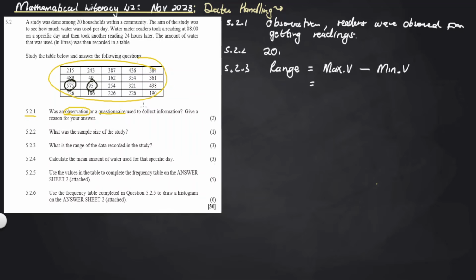Is there another 2-digit? Okay, just above 95, there's a 49, so it's gonna be 49. So maximum value 575 minus the minimum value 49. 575 minus 49, we are getting a range of 526. This is our answer and our range.